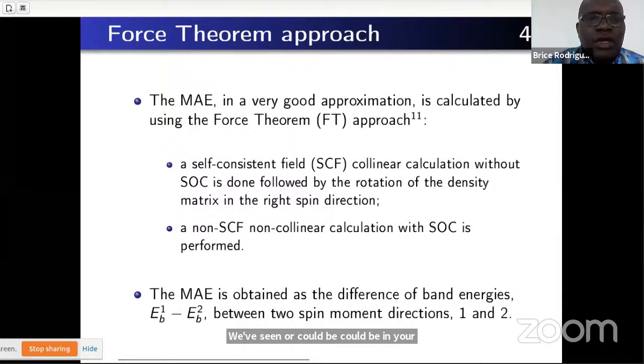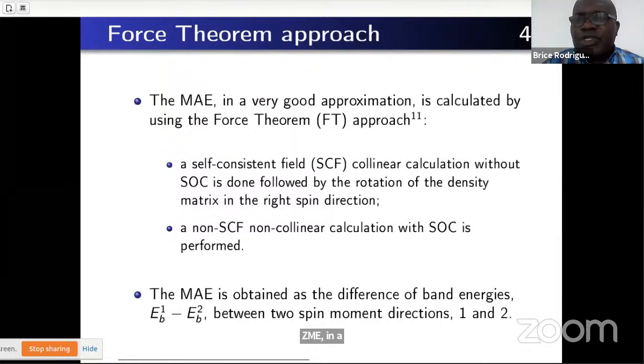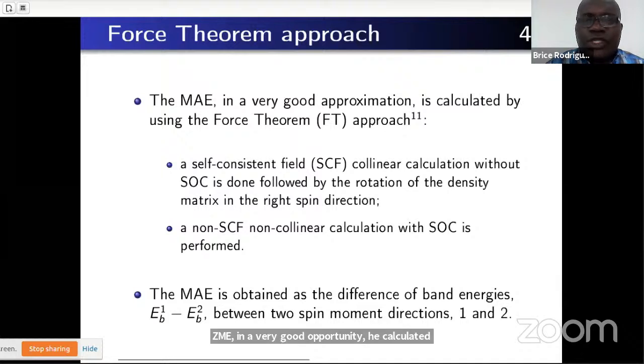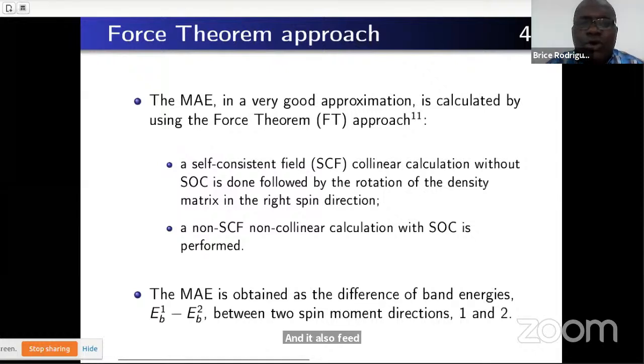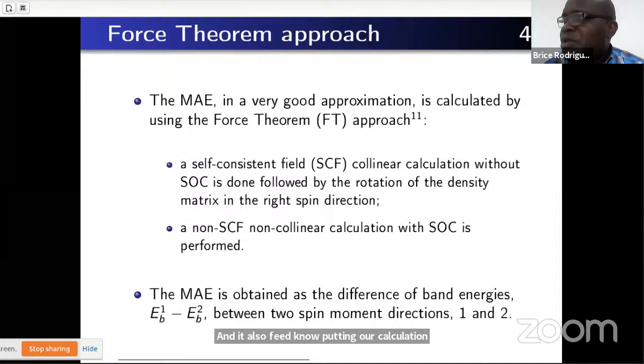The MAE, in a very good approximation, is calculated using the force theorem approach. A self-consistent field collinear calculation without spin-orbit coupling is done, followed by the rotation of the density matrix in the right spin direction, and a non-self-consistent field non-collinear calculation with spin-orbit coupling is performed.